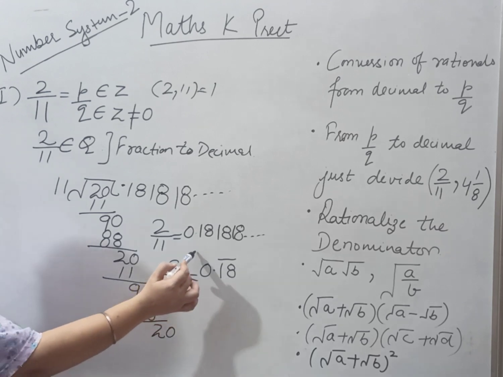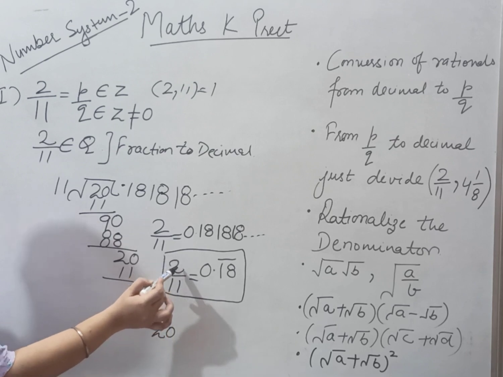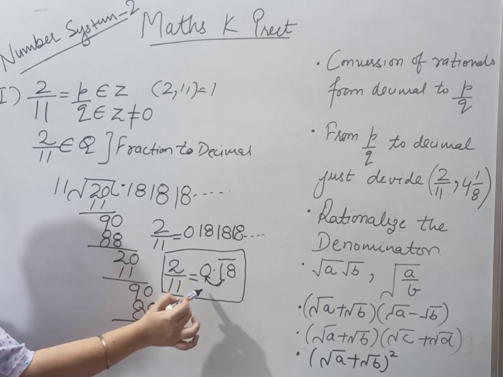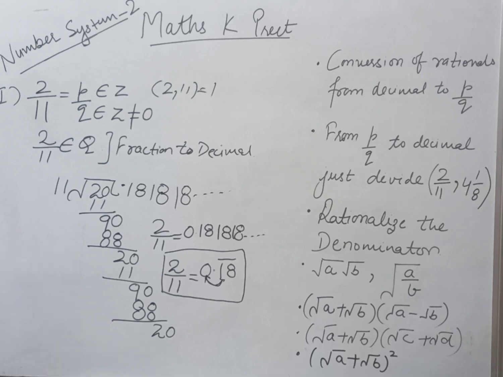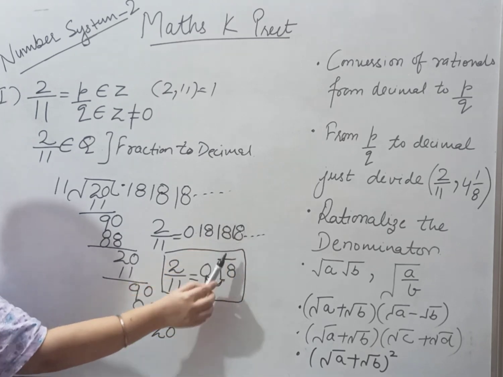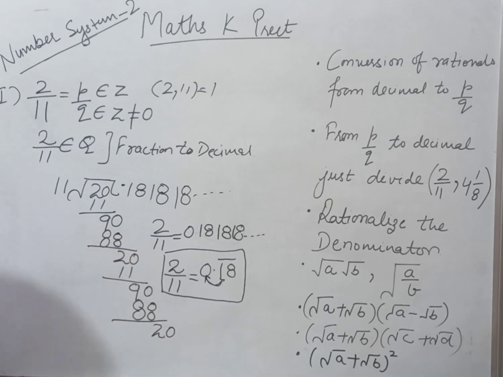So it is clear that this number 2 by 11 is a rational. From the definition of rational numbers in decimal expression, clearly this number is non-terminating and recurring as well. So this is the decimal expression for the rational number 2 by 11.